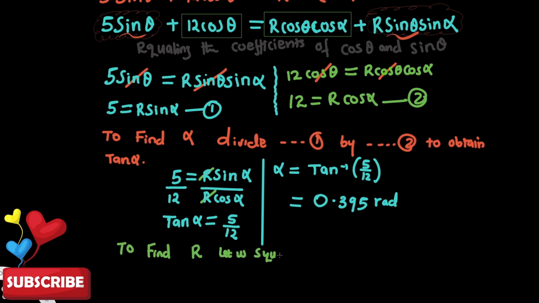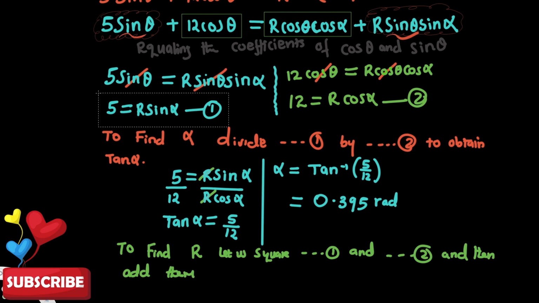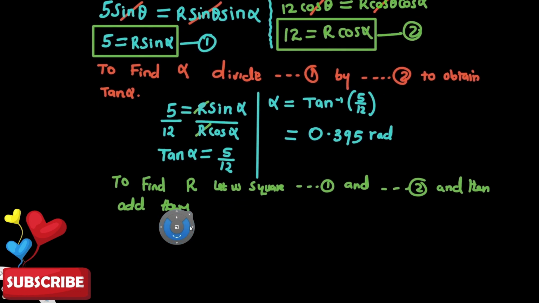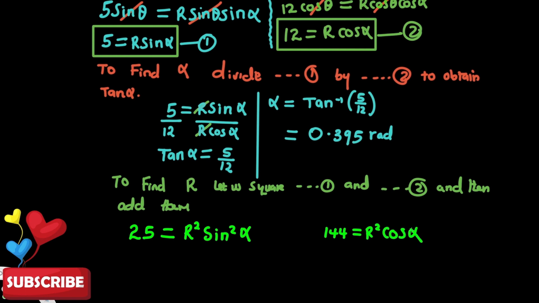And then we're supposed to find r, so we need to square the two equations and then add them, so that we can cancel the trigonometric function. So this part and this part squared, we're going to get what? If you square 5, it will be 25 r squared sine squared alpha, and if you square 12, you're going to get 144 r squared cos squared alpha.